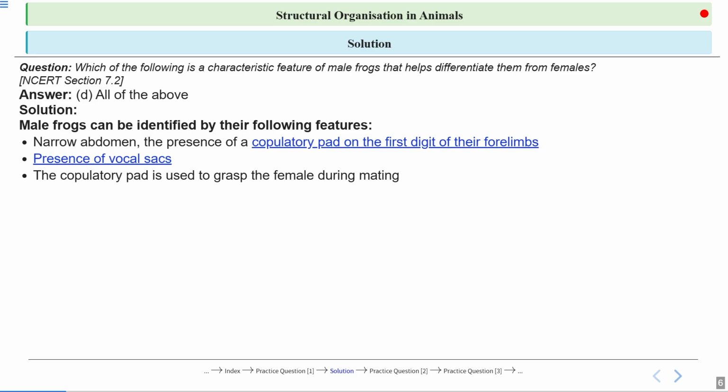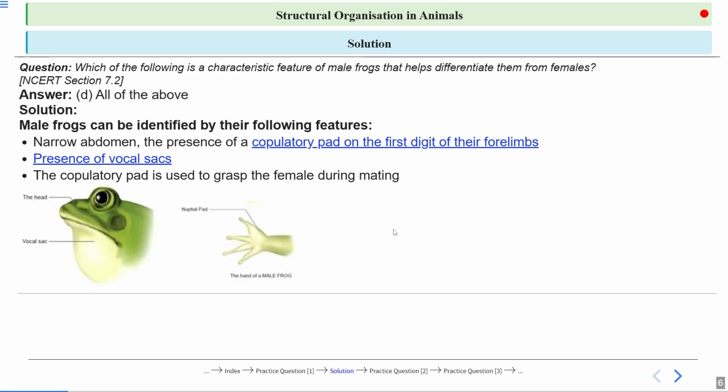The copulatory pad is used to grasp the female during mating. During mating, the male frog holds the female from the back, and this copulatory or nuptial pad, present on the first digit of the forelimb, helps to grasp the female tightly.